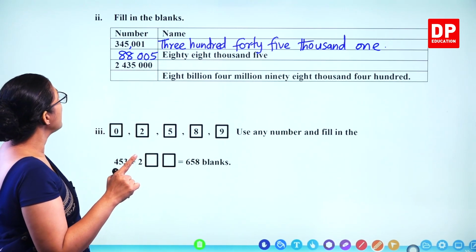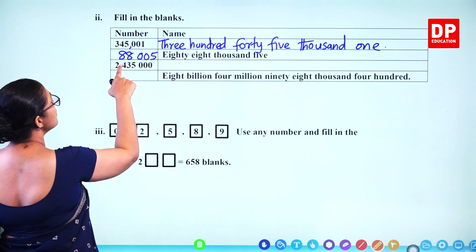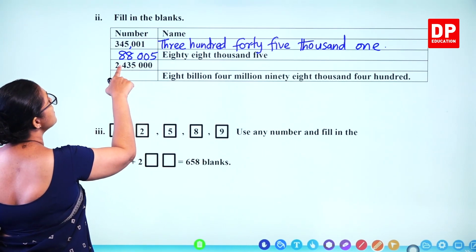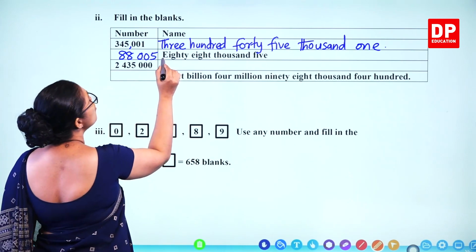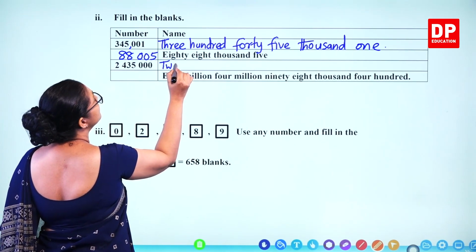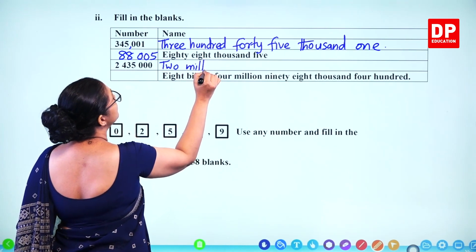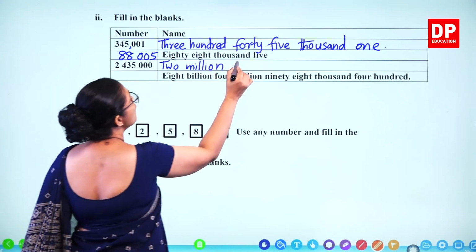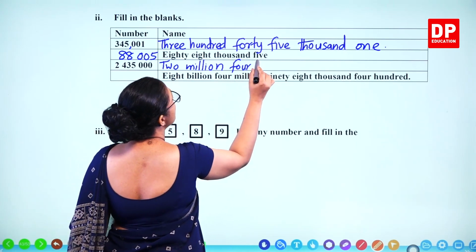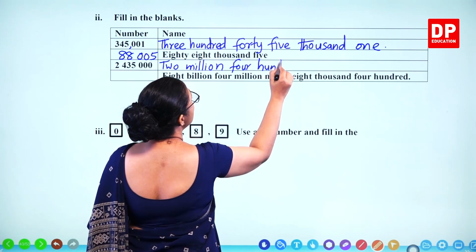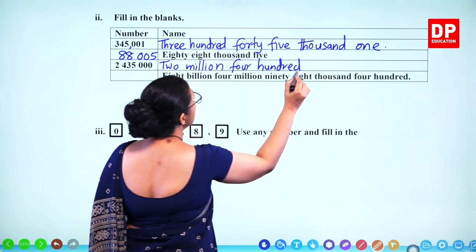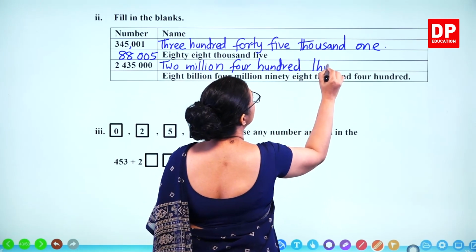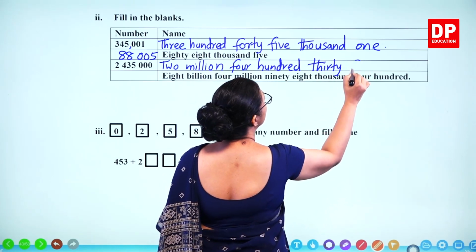This number you have to write down. 1,000. Your units, 1,000 and million. 2 million. 435,000.